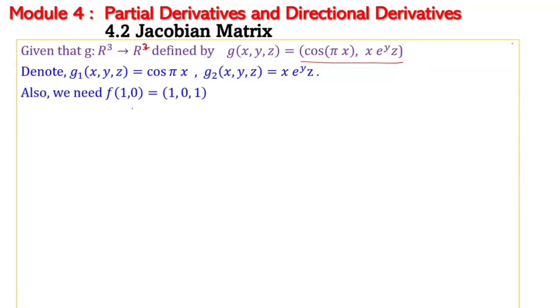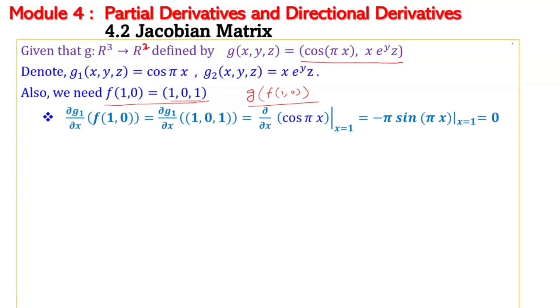We also note that we have to calculate at f(1, 0), so we need to know the value of f(1, 0). From the previous function, it is (1, 0, 1). So we have to calculate the Jacobian for g at the point (1, 0, 1).